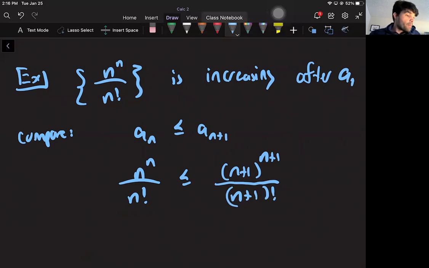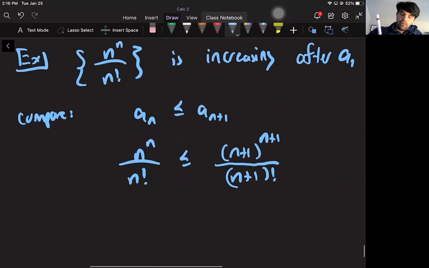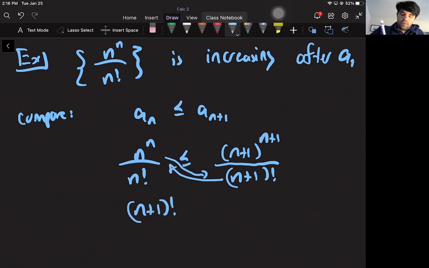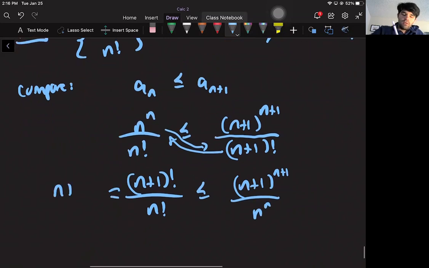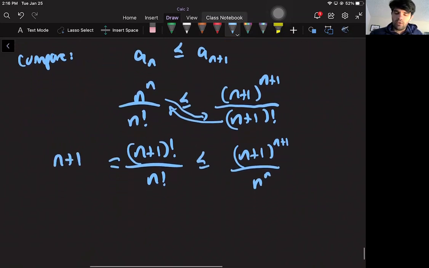Okay, so now we're going to move things around. Let's see, I'm going to move the factorials that way and the powers that way, so that on the left side, it'll cancel just like before. So this is just n plus 1 again from how I did it before.